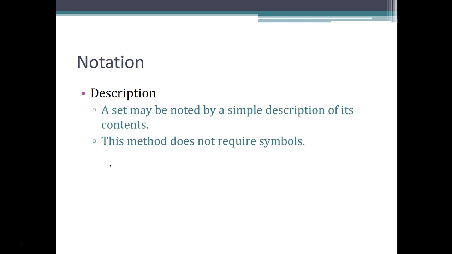A set may be noted by a simple description of its contents. This method does not require symbols. In description, you're just using words to talk about what the set's going to have in it. So with description, let's come up with a set.